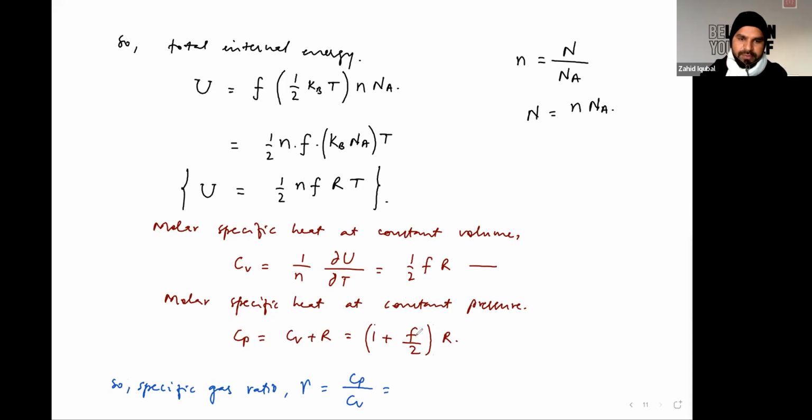Cp we have (1 plus f by 2) times R, and Cv we have (1/2) f R. If you divide these two terms, you will get 1 plus 2 by f. That's why I've written gamma equals 1 plus 2 by f. This is how we can derive it from this particular relation.